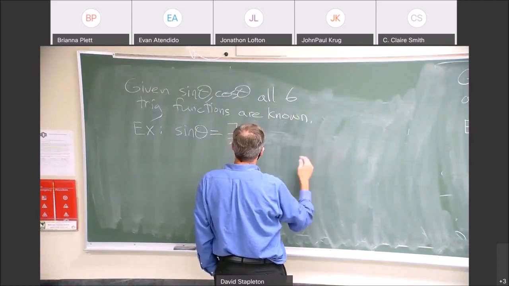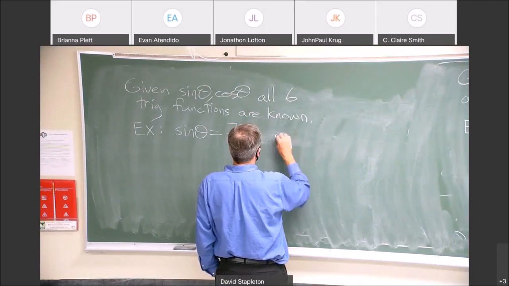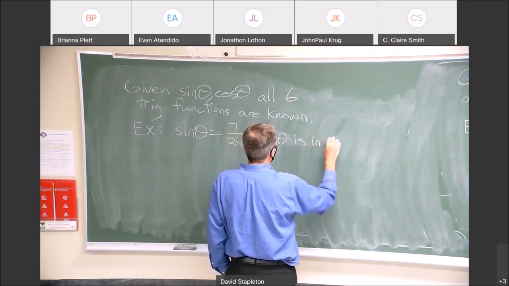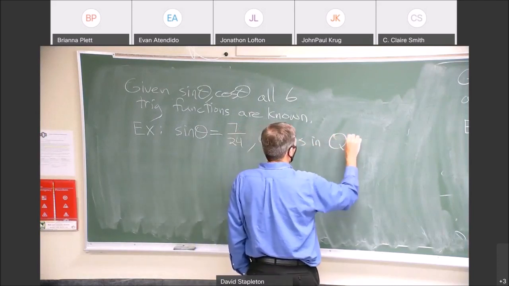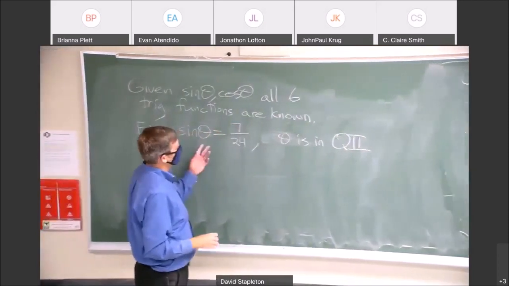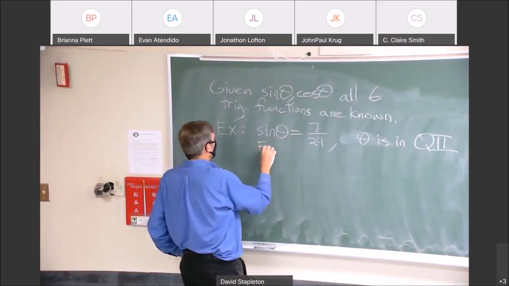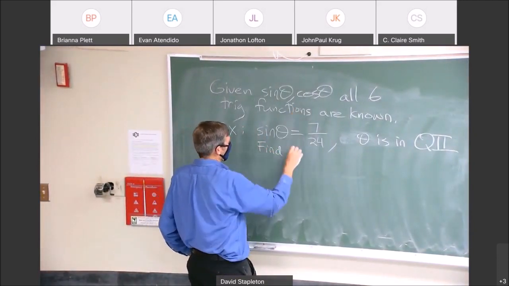I want to do it more like a homework problem. This goes back to the last problem. Given one trig function and a quadrant, find all six trig functions. But this is going to illustrate this concept here.